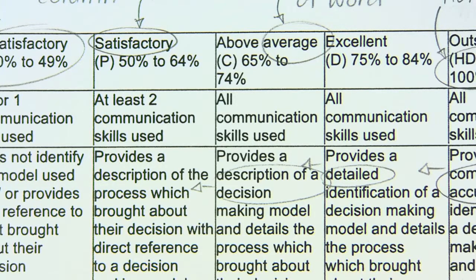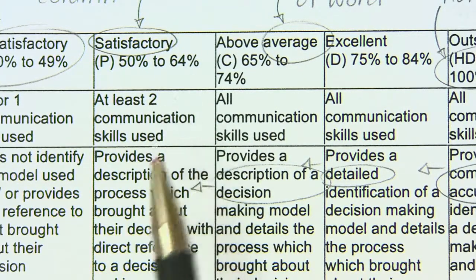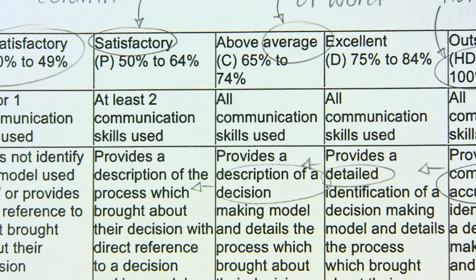So the wording "at least" means you've used 2 or more. But the standards above are the more. So you'd have only 2 communication skills if you were going to penalise them. I might have to work on that.